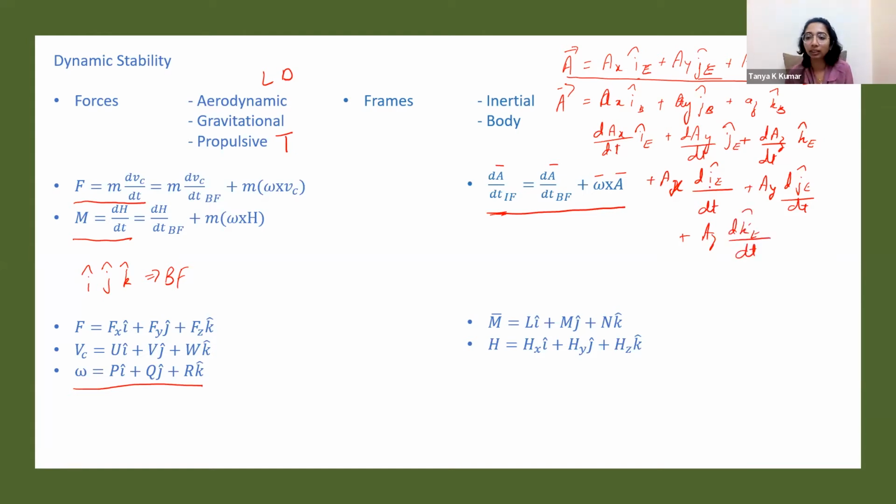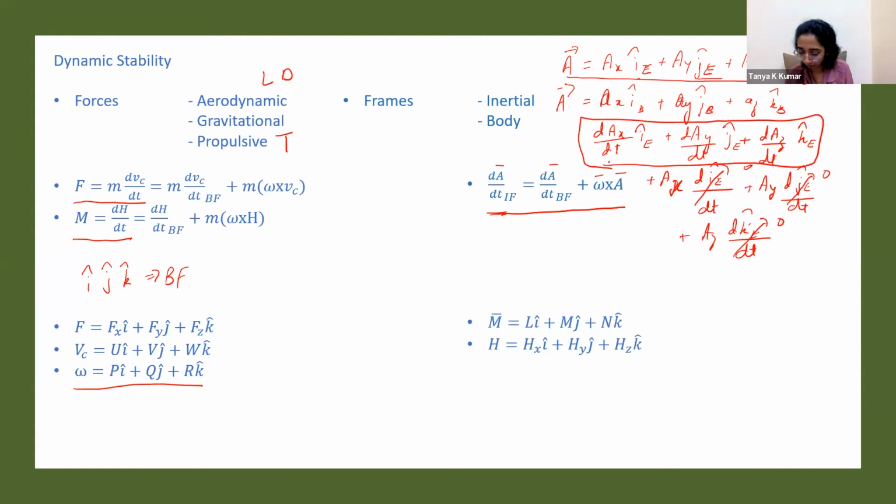Since the inertial frame iE, jE, kE is fixed in time, these terms become 0. So your final value is only these three terms in the inertial frame.